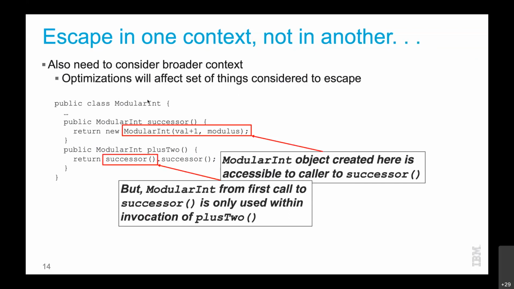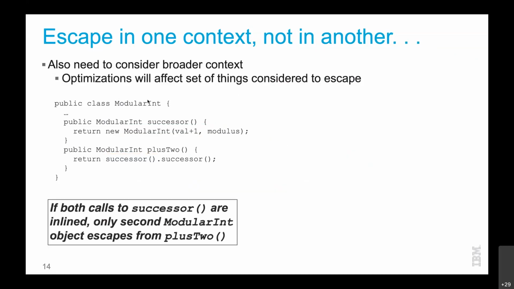The first modular int that's created within the context of +2 does not escape from +2. It's used entirely within that context. So if both of those calls end up being inlined, only the second modular int that's being constructed within the broader +2 context is considered to escape.